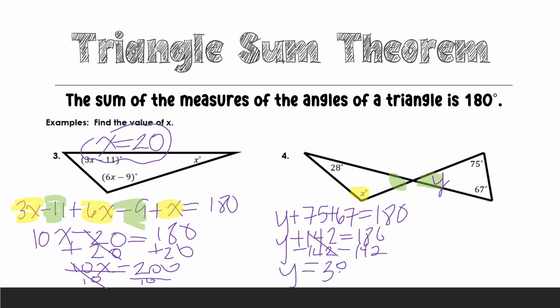So now I know that this angle measure right here is 38 degrees, and I also know that its vertical angle is 38 degrees. Now I can find angle x, because x plus 28 plus 38 should equal 180. 28 and 38 together is 66.